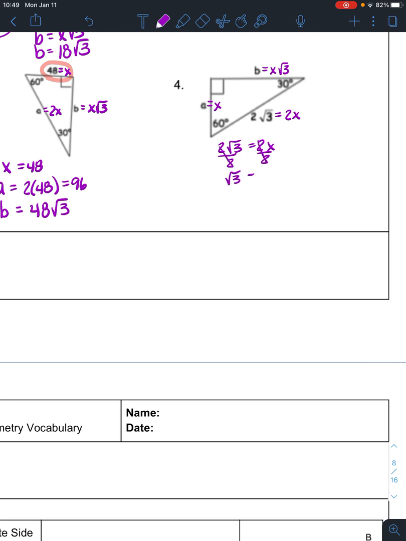So I get that x is equal to root 3. If x is root 3, if a is x, then a is root 3. And if b is x root 3, then b would be root 3 times root 3. So b is 3. So those are your missing sides.